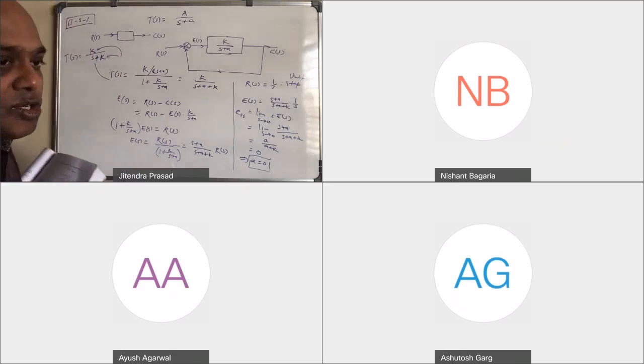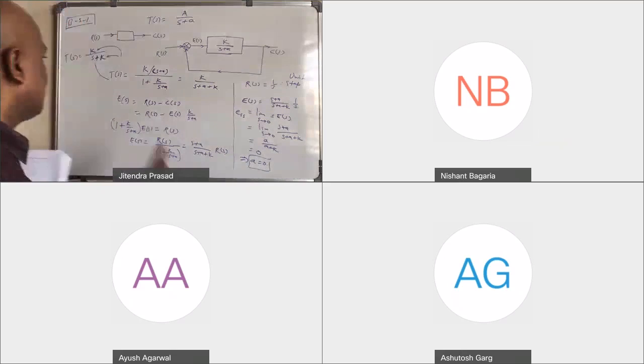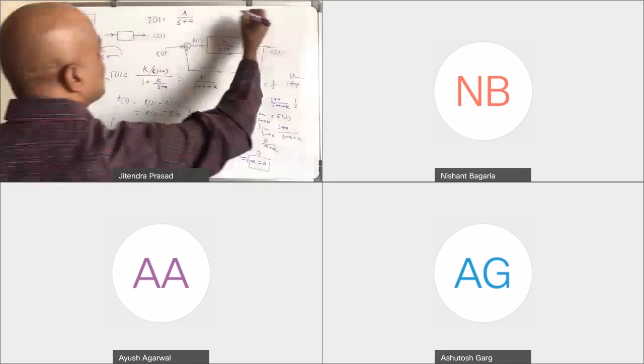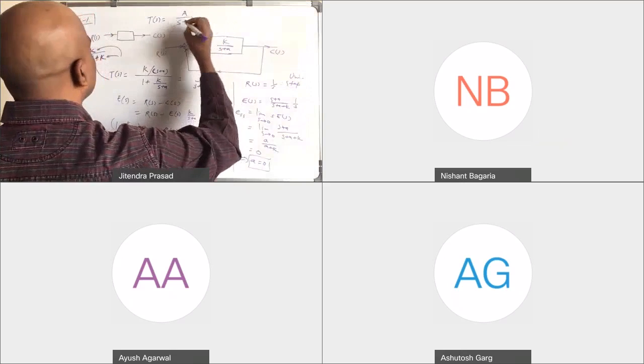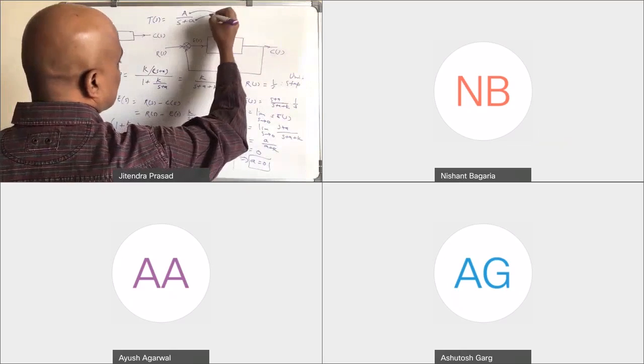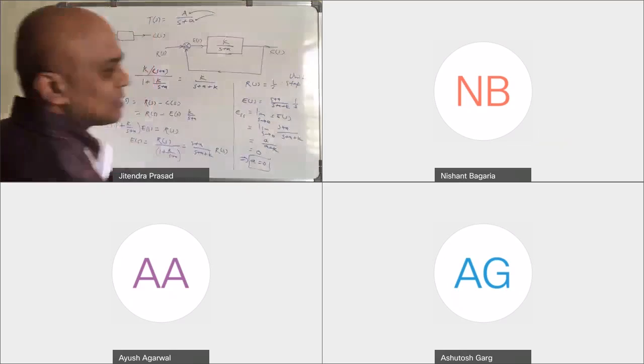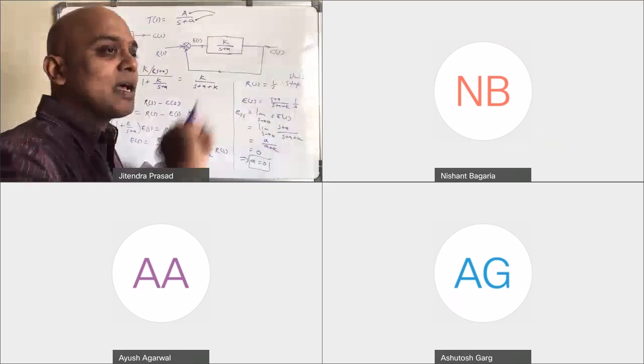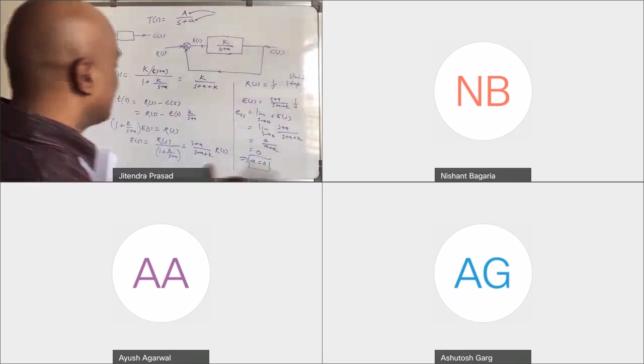And that's what we assumed at the end. So we assumed last time it should be like this one, and finally this and this should be the same. Otherwise, the steady state error will be huge for the ramp input, right? So for the ramp.